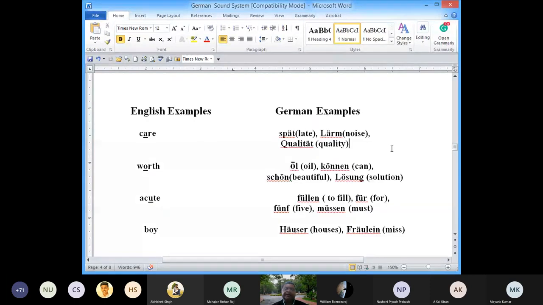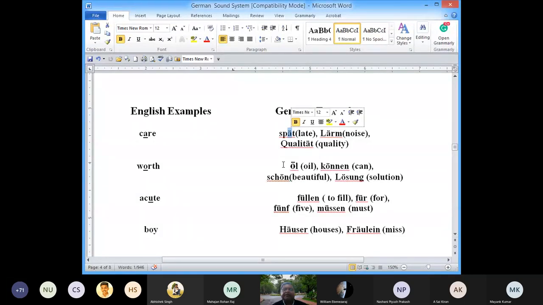You see, in English, typing these kinds of things is difficult, but I will tell you there are ways you can type umlaut, because in a German keyboard we do have separate keys for that. Like we have A, and next to A we also have A umlaut. Similarly, we have O, and next to O we also have O umlaut.